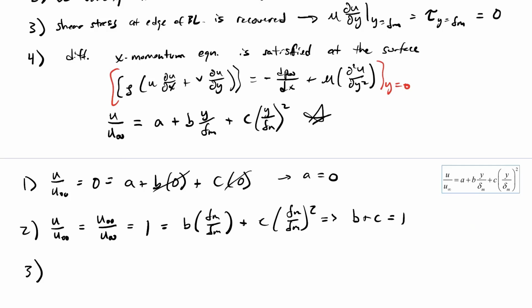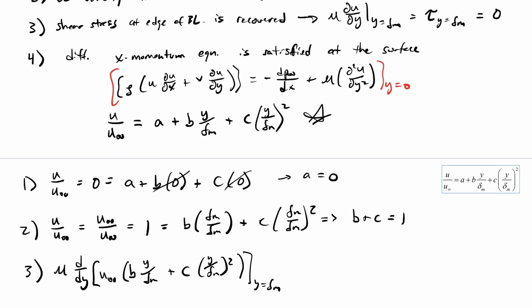That's saying mu times d dy of u infinity times b times y over delta m plus c times y over delta m squared, all evaluated at y equals delta m, is equal to 0. If we simplify that out, we end up with b plus 2c is equal to 0.